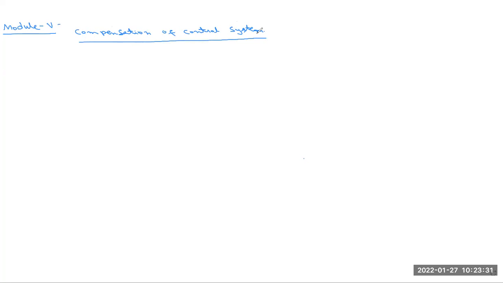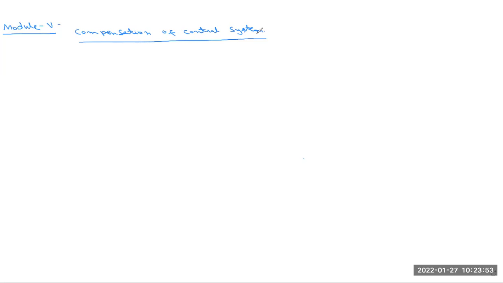We have discussed in module 2 the time constant and error stability in our control system. Then in module 3 and module 4, there are lots of stability methods for control systems. That means we have discussed the Routh stability criteria, that is the Routh array table.